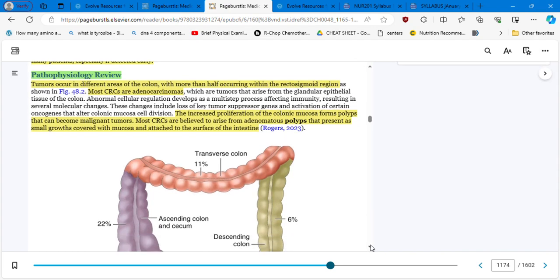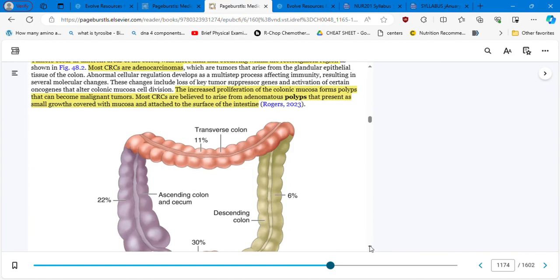Pathophysiology: tumors occur in different areas of the colon, with more than half occurring within the rectosigmoid region. Most CRC are adenocarcinomas. The increased proliferation of the colonic mucosa forms polyps that can become malignant tumors.